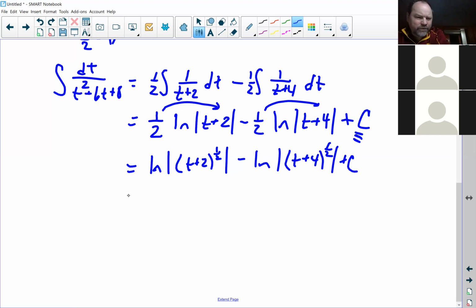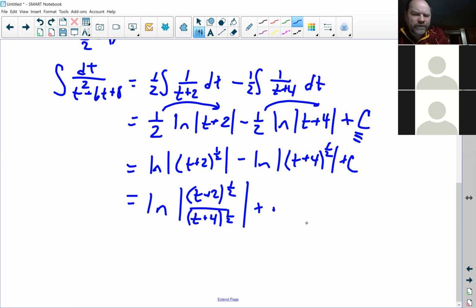And then they probably rewrote it because if we have logarithms that are being subtracted, we can write that as division. So you may have seen it like that.